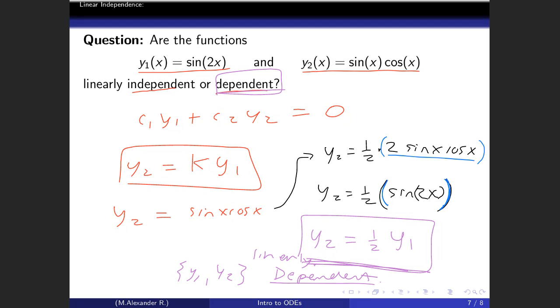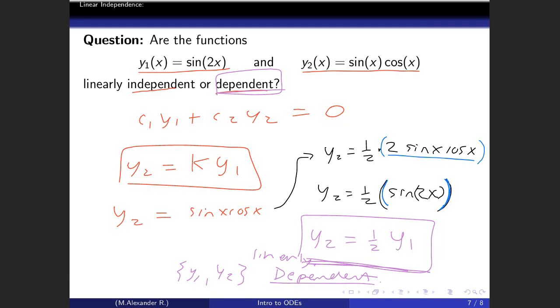All right, so what I'm trying to say here is that sometimes we have to be very tricky. Here we have to use a little bit of trig to figure out that y2 is actually a multiple of y1. In the previous problem, we had to do a little bit of algebra, which was a little easier, but sometimes it's not so straightforward.